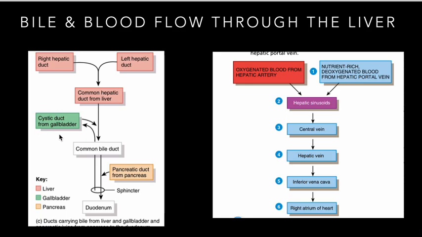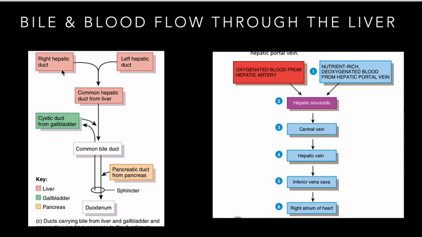So we're going to have a concentrated, more modified, stronger, if you want to think about it that way, form of bile from the gallbladder, mixing with this brand new, milder form of bile from the liver. And that mix of those two is usually what gets released with the pancreatic juice into the small intestine via that hepatopancreatic ampulla or sphincter right here.